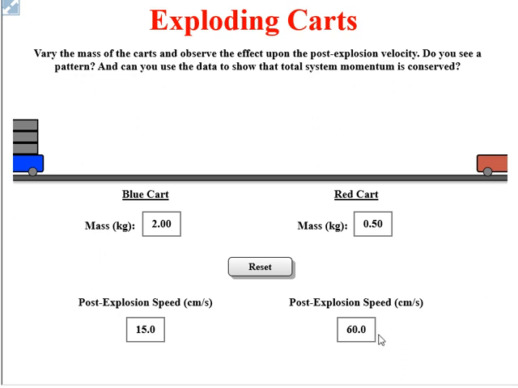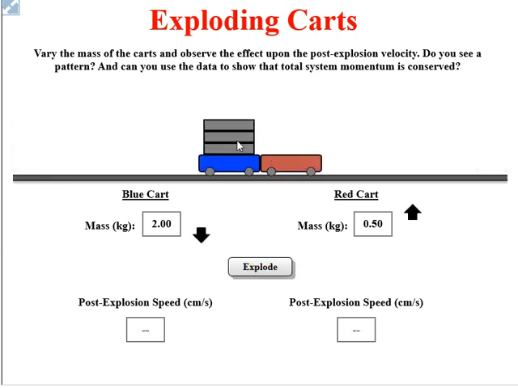But again, the red one is negative, so negative 30, and the blue one positive 30. So they both add up to a total momentum of 0, which is what you have at the start. It's stationary and there's no movement, so the momentum of the system is 0. So momentum is conserved and the principle is satisfied.